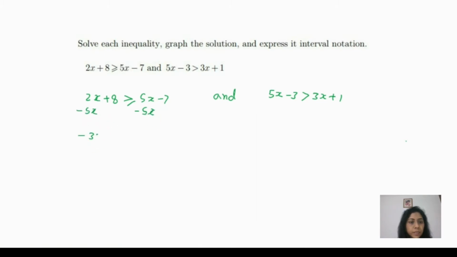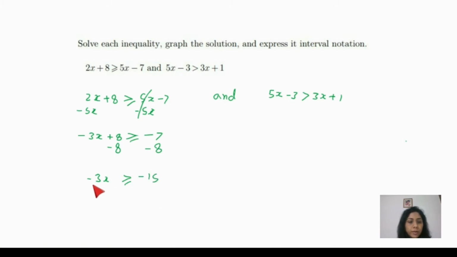This is minus 3x plus 8 greater than or equal to minus 7. This is cancelled. Now both sides subtract 8. Minus 3x greater than or equal to minus 15.